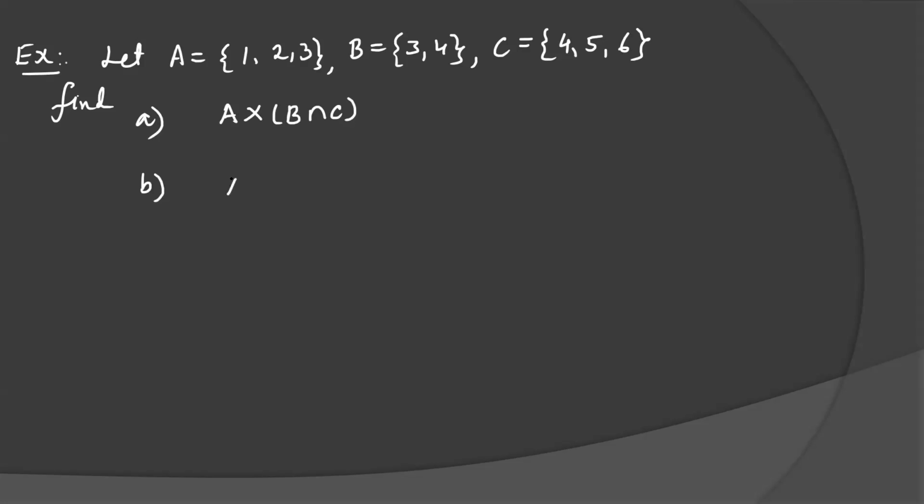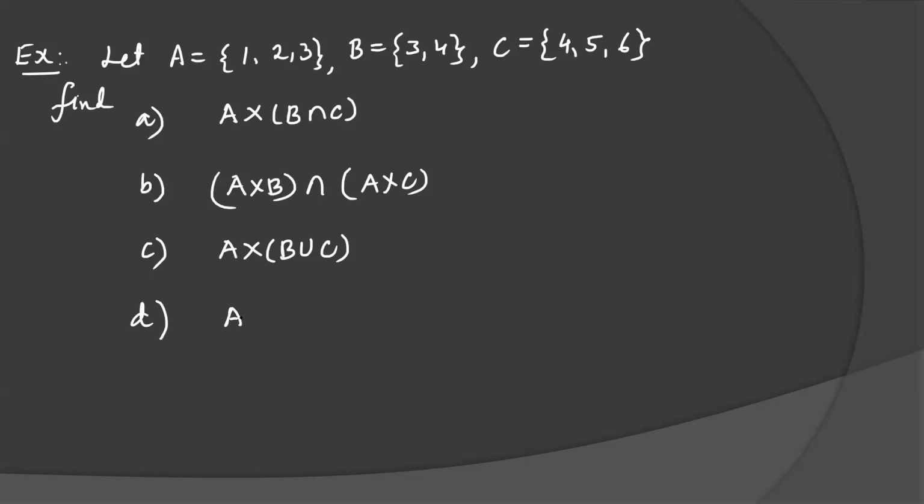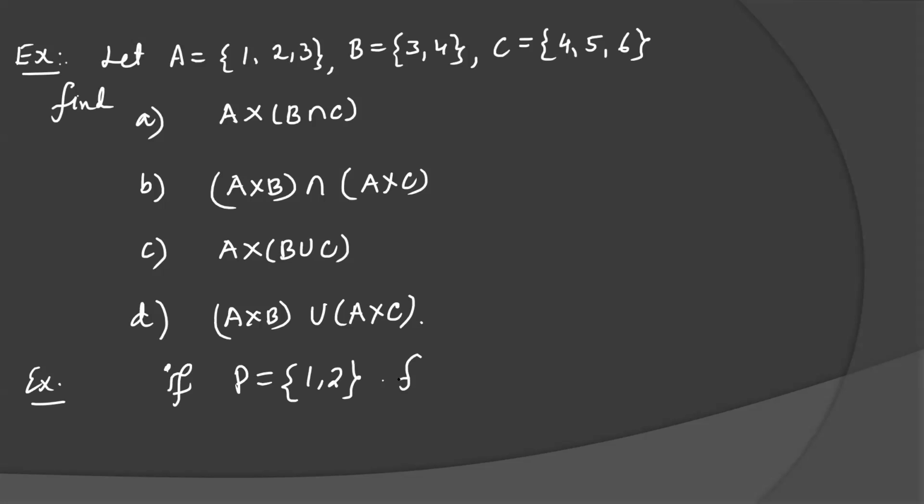Part B: (A cross B) intersection (A cross C). Part C: A cross (B union C). Part D: (A cross B) union (A cross C). And one more example I am going to discuss here. If capital P is 1, 2, find the triplet P cross P cross P.